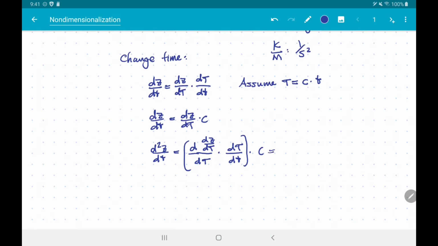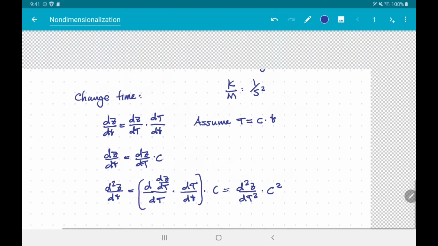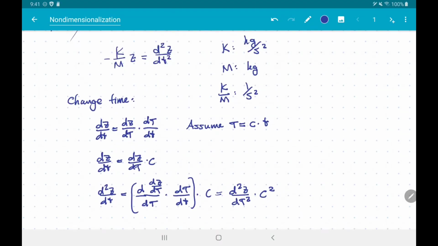So the end result of this is d squared z over d tau squared times c squared, because I get a c here. Now, I want tau to be dimensionless, so I need c to have units of 1 over seconds. So that way c times t, the seconds cancel out.